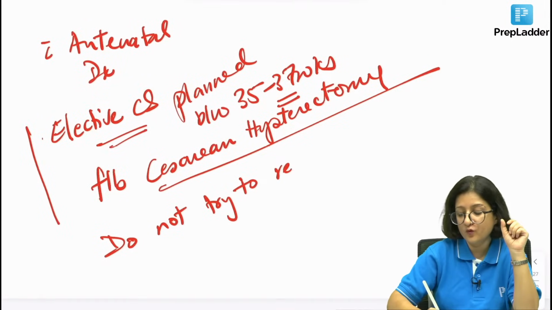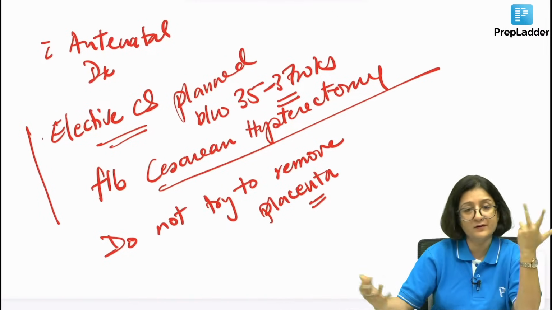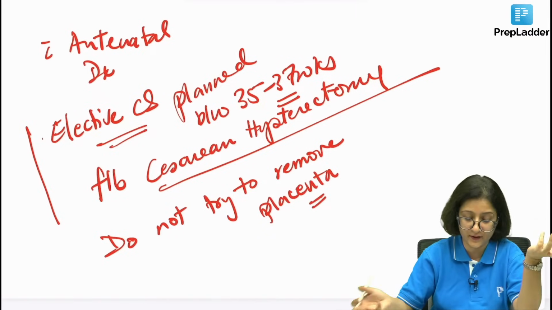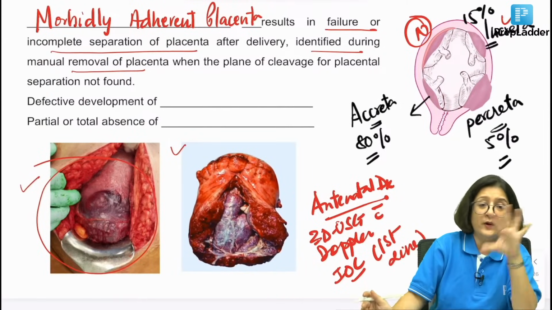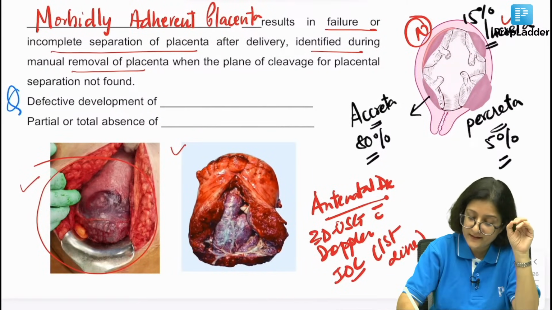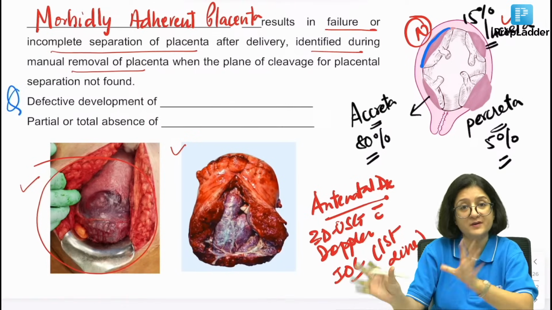We do not try to remove the placenta, because if you try to remove it, we will be removing it in bits and pieces, causing more hemorrhage only, right? Now, other important question pointers which were left: can you see this here? This is the decidua basalis. Normally it is there, but in the rest of the images you did not see it.